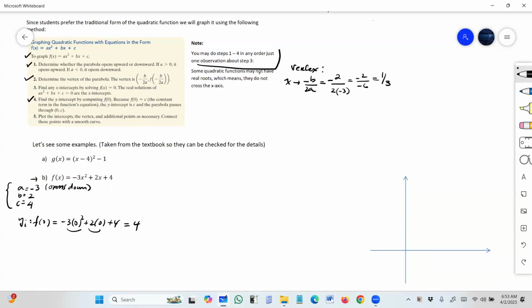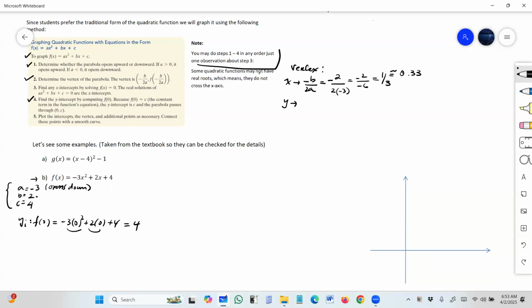Make sure I didn't make any mistakes here: minus b over 2 times a, which is -6. You can do this on the calculator, because normally we won't be able to plot 1 over 3, so let's say this is approximately 0.33.